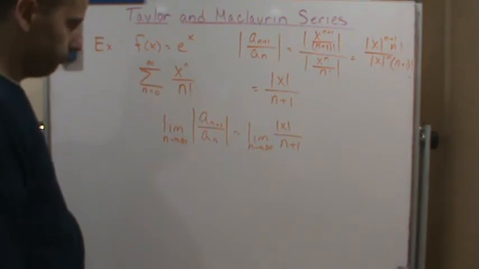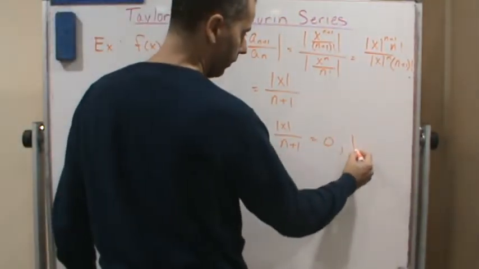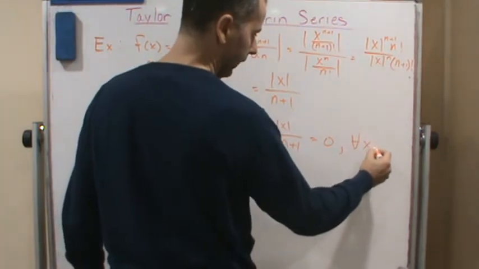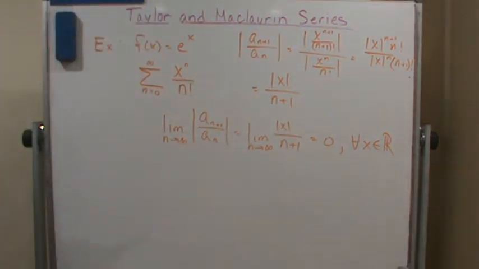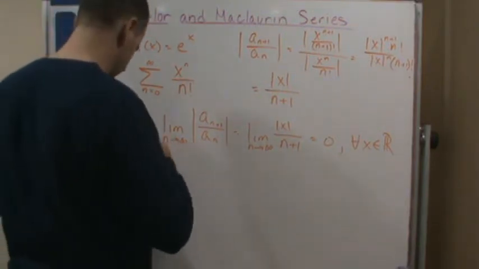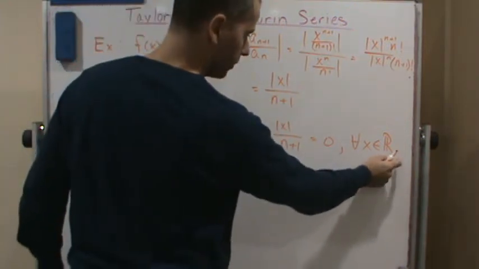Well, this is going to go to 0 for all x in the real numbers. So therefore the series converges absolutely for all x, and thus the interval of convergence is negative infinity to positive infinity, or in other words, all real numbers.